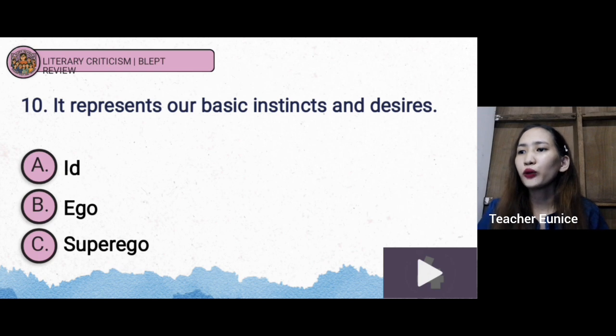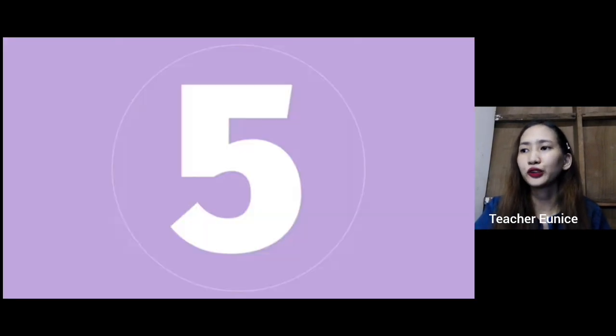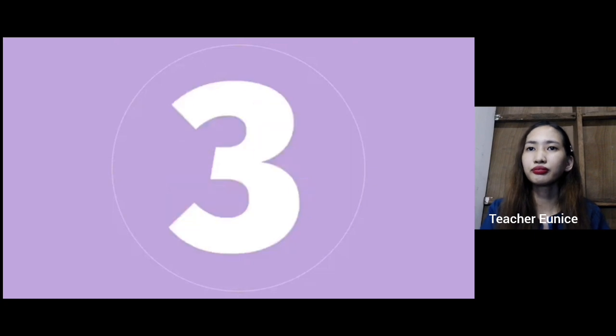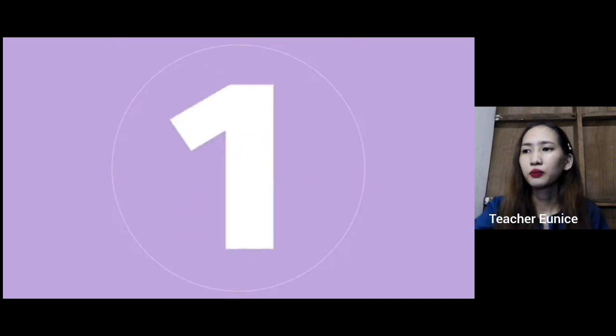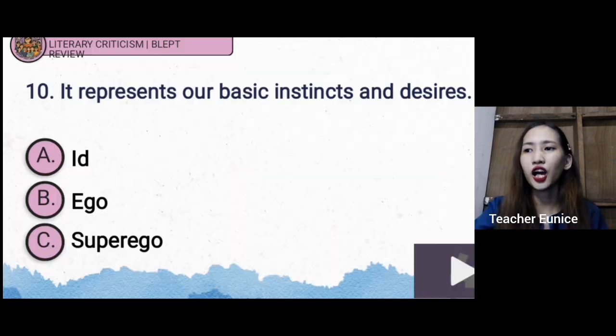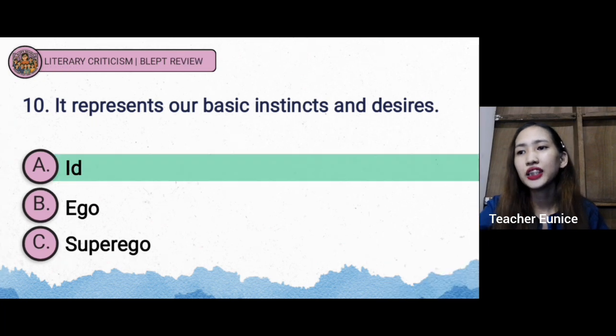Lastly, question number 10. It represents our basic instincts and desires. A, id. B, ego. And C, superego. Your 5 seconds timer starts now. Okay, time's up, and the correct answer is letter A, id. So why?